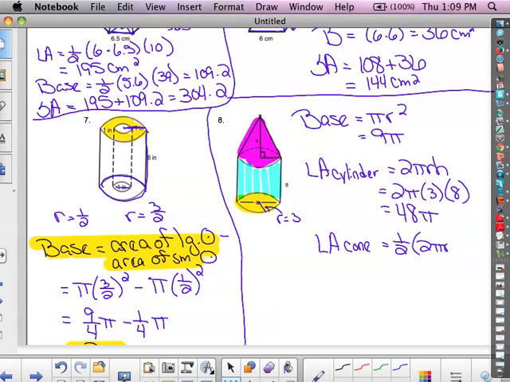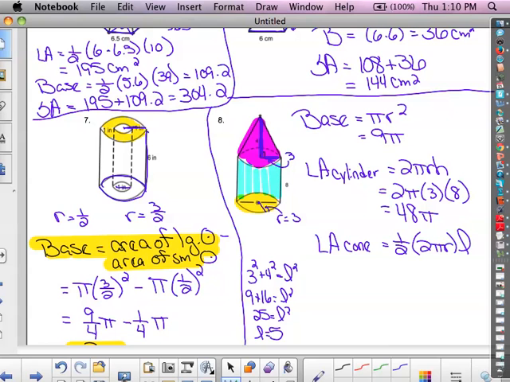And now to find the lateral area of the cone, that's going to be 1/2 the circumference, 2 pi r, times the slant height. So when you look at the picture, you don't actually have the slant height. You have to focus on this triangle right here at the top. It has a height of 4. The radius of that circle is 3. So you'll use the Pythagorean theorem, 3 squared plus 4 squared equals L squared, and find the length of L, which is 5.